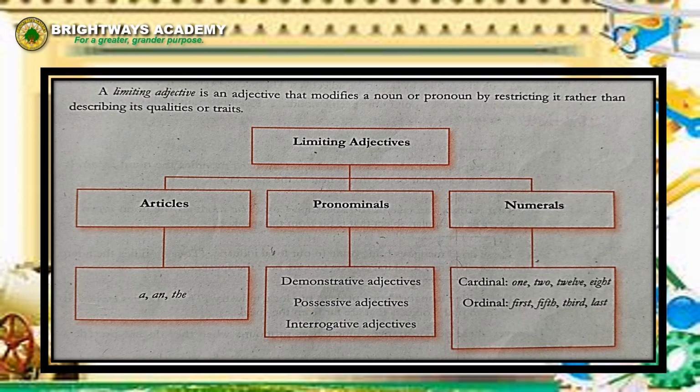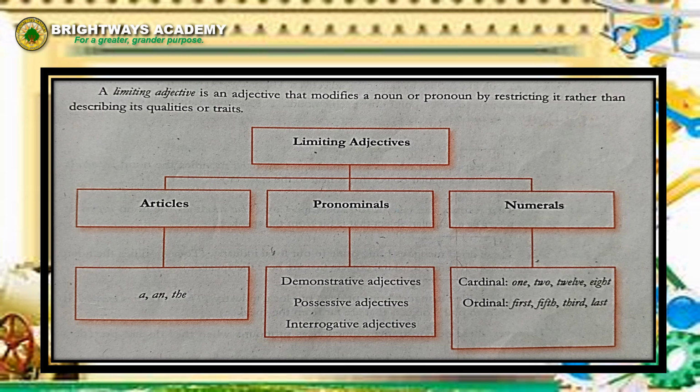Okay. A limiting adjective, another kind of adjective, is an adjective that modifies a noun or pronoun by restricting it rather than describing its qualities or traits. Look at the table. Limiting adjectives: articles, pronominals, and numerals.